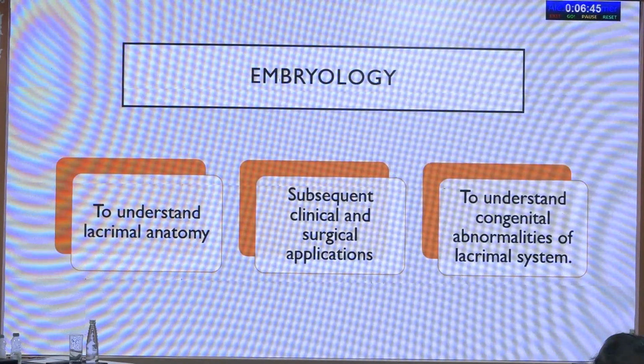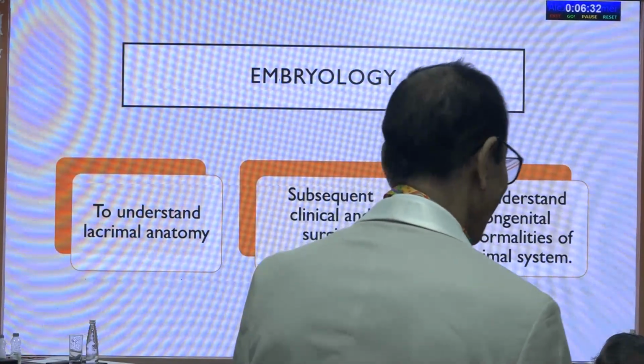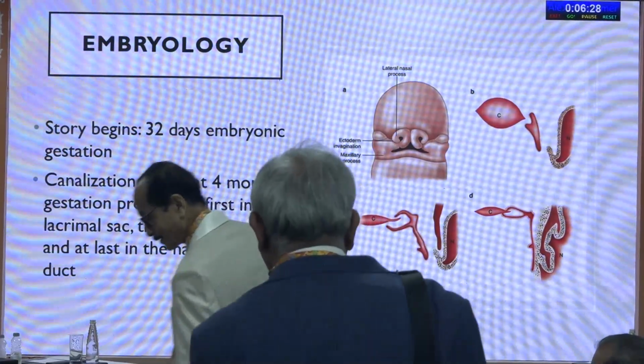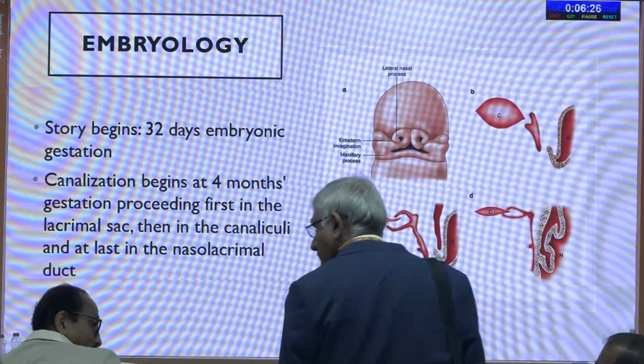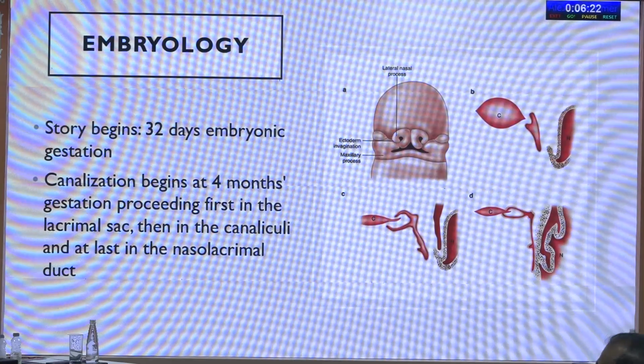Now, why embryology? This is because we have to understand that there might be some congenital abnormalities associated with the lacrimal system, and that may lead to problems during a surgical procedure. So the story begins at 32 days of embryonic gestation, when you have the frontonasal processes and the maxillary processes and the ectoderm invaginating to produce a canalization which begins at the 4th month of gestation.